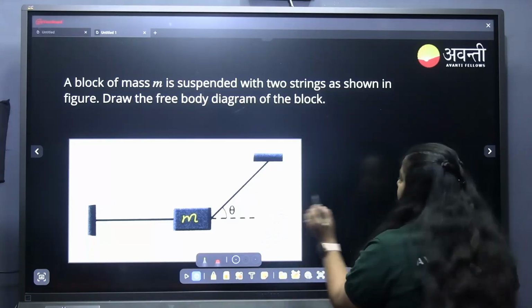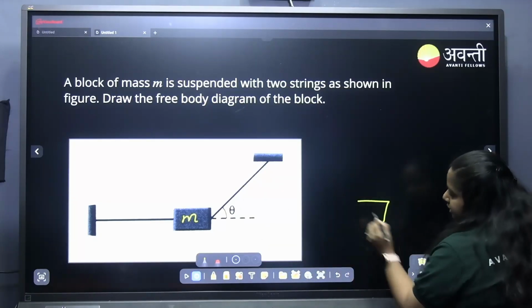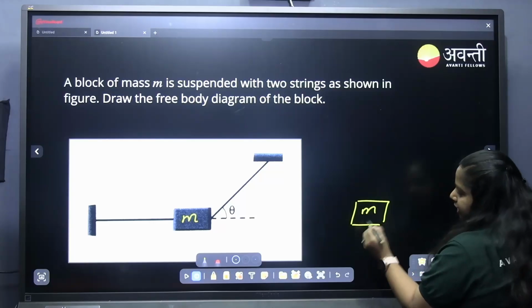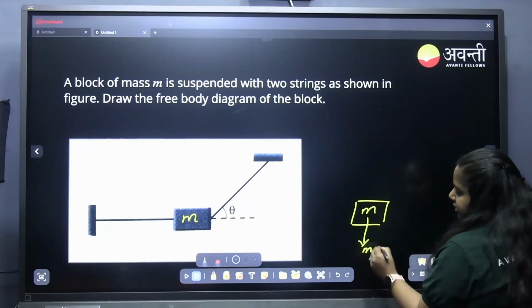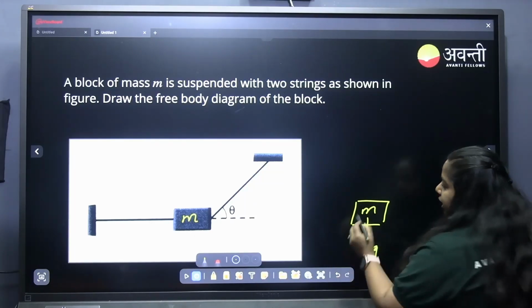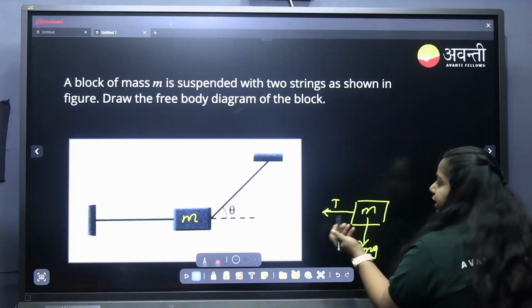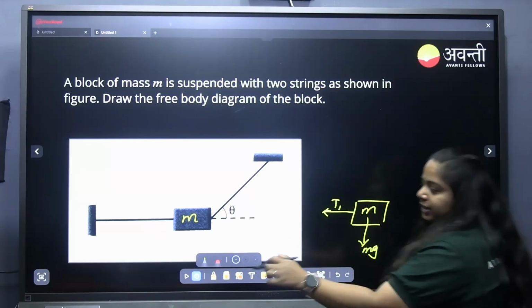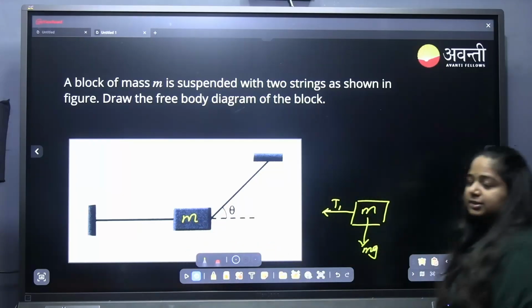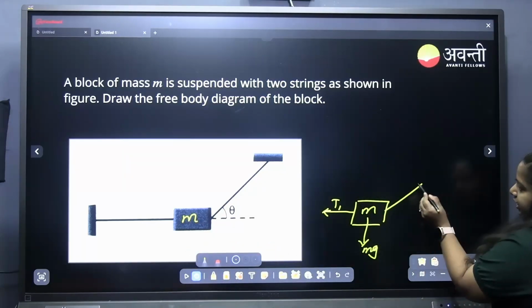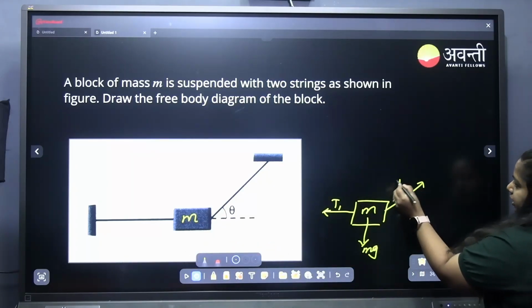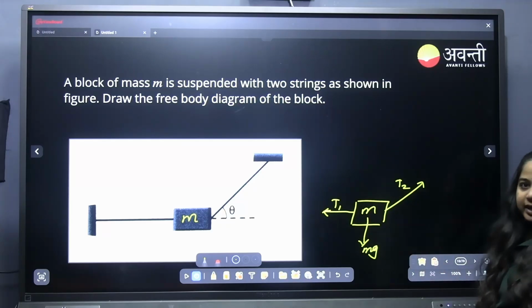Okay, so in this, this is mass m, and we are isolating it. Here mg is acting downwards. Let's say there is tension T1 in this direction due to this thread, and the other string is in this direction, so there is T2 in this direction.